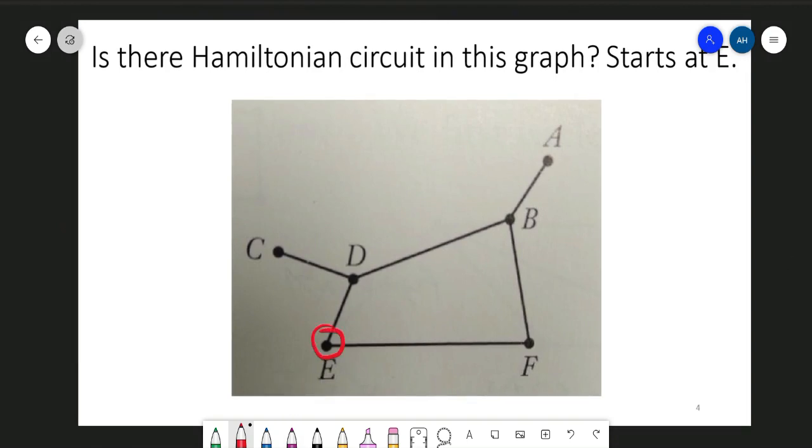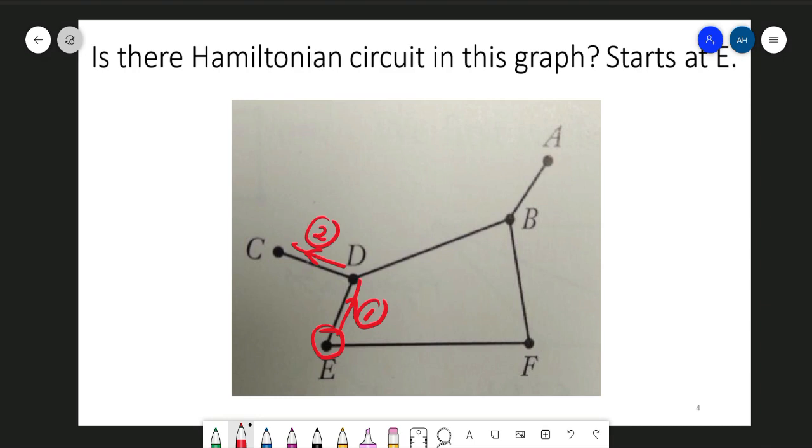We are going to start from E. Now from E we go to D. Now from D we need to go to vertex C, right? Because we have to visit every vertex. So we go from D to C. So this is our path number 1. This is path number 2.